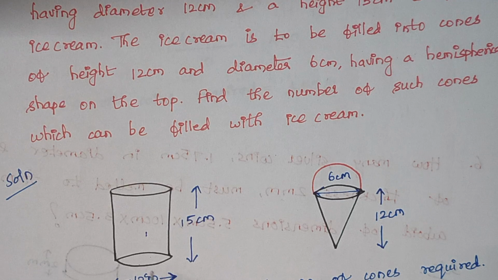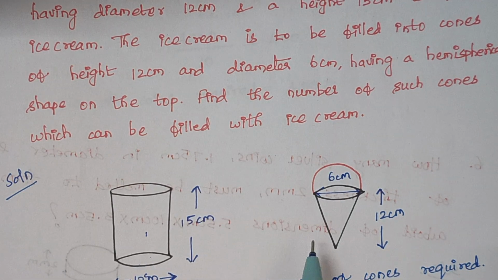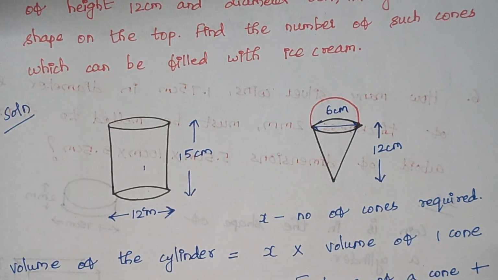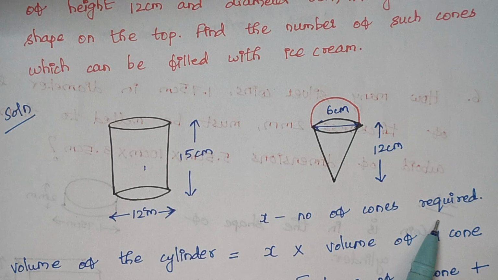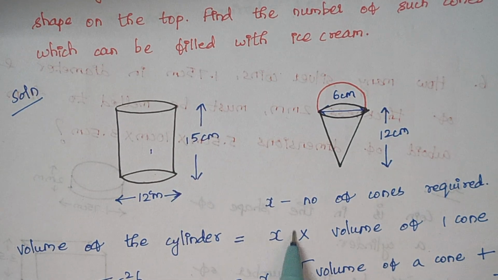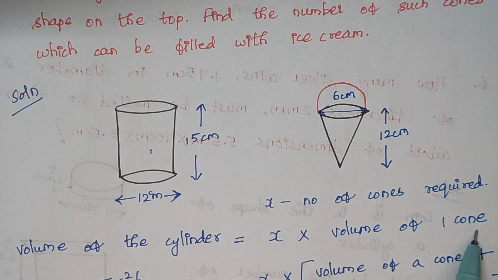So volume of the cylinder is equal to some x times, x is the number of cones, multiplied by volume of the cone, right? So here let x be the number of cones required. So volume of the cylinder is equal to x into volume of one cone.